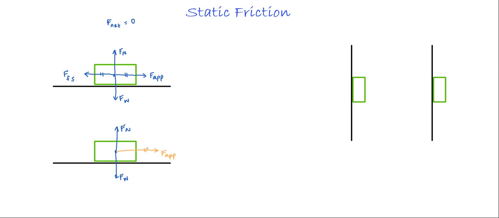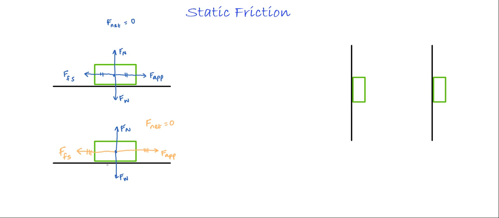And this applied force now is greater than what it was originally, but the box still doesn't move. So we say that the net force is still equal to 0, meaning there must be another force back in this direction that is equal in magnitude, opposite in direction, and it's still going to be the static friction value, but it has now increased. It is matching the applied force every time.